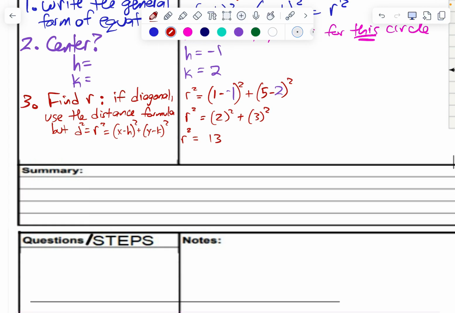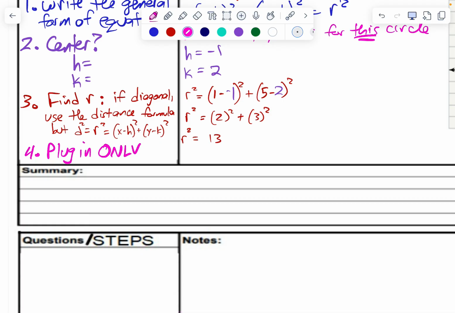Okay, and then step 4, we just plug all that stuff in. Sometimes students mess that up. H, K, and R squared.